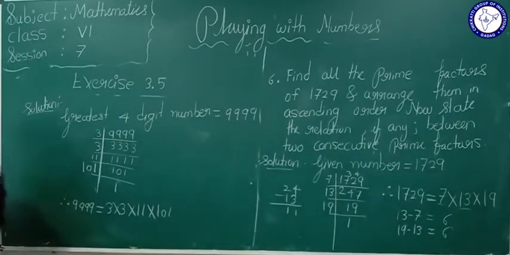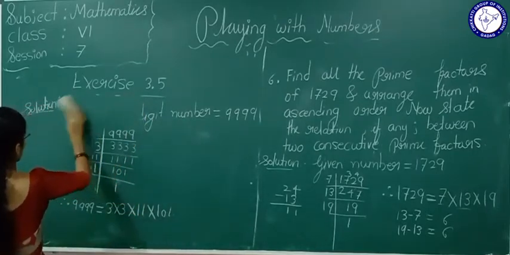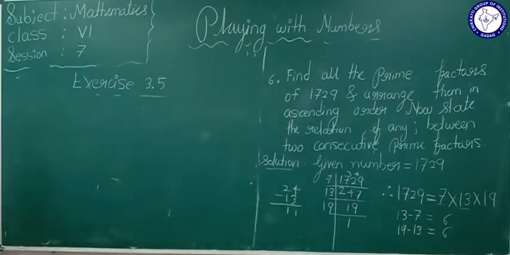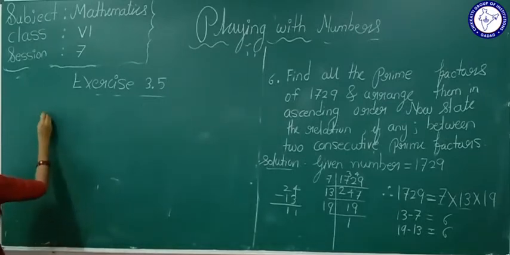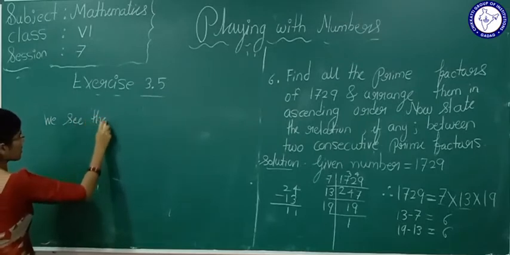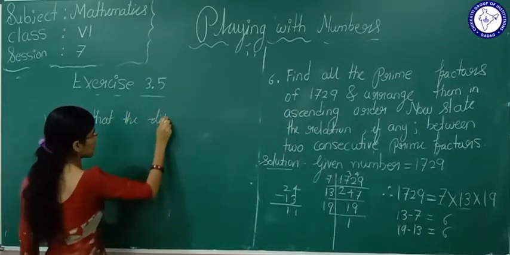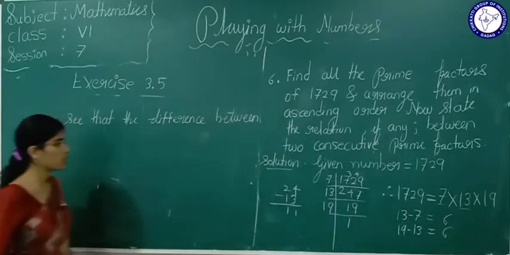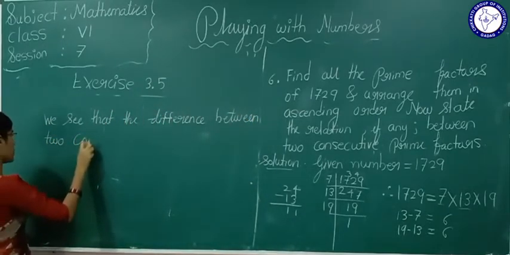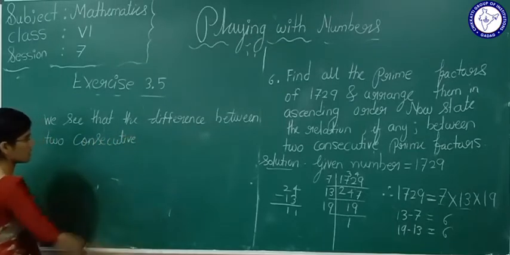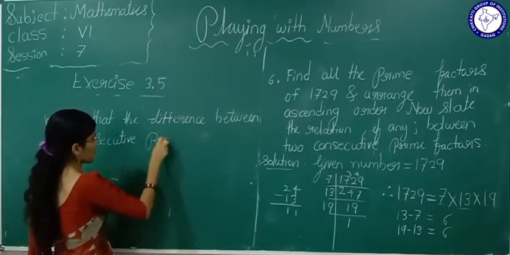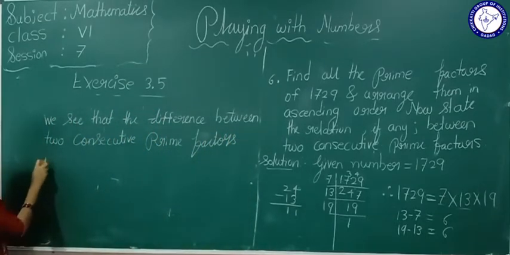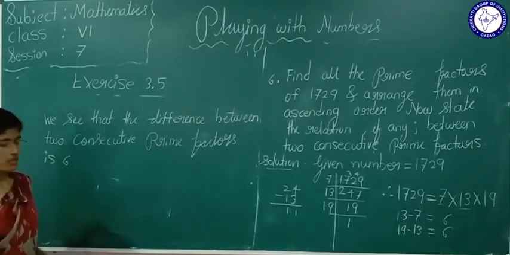So what we can observe here is that the difference between two consecutive prime factors is 6. Yes, this is about the sixth question.